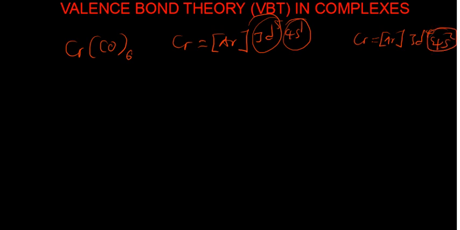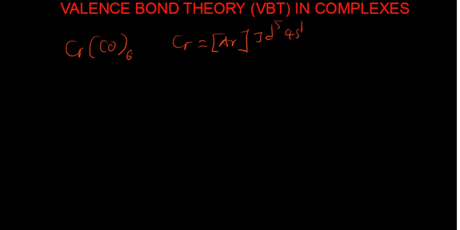But this is not the actual one. This is the expected one, where we first fill the 4s because it has lower energy than the 3d. But that is not what happens. We first fill the 3d, and we only fill the 4s with 1 electron. We only have 2 exceptions, chromium and also copper. Instead of first filling the 4s, we first fill the 3d with 10 electrons. Alright, so that is the electron configuration.